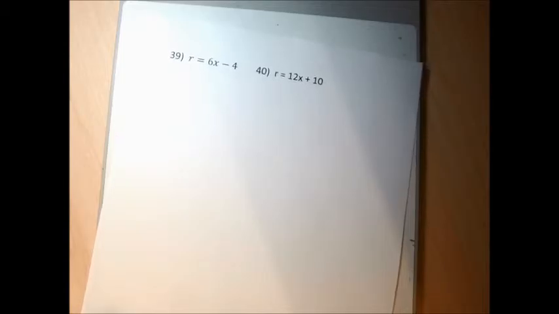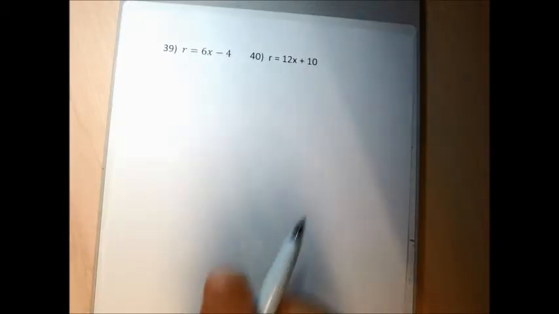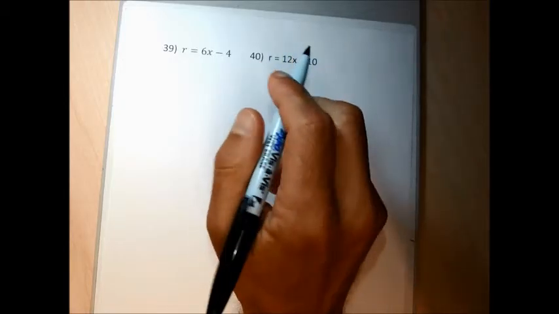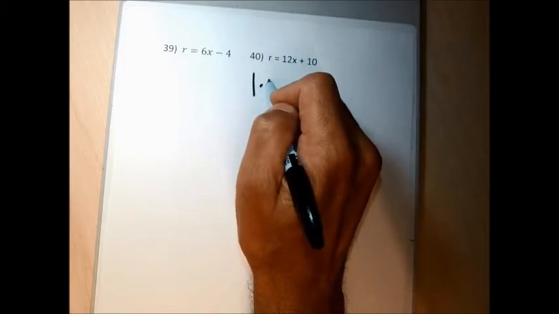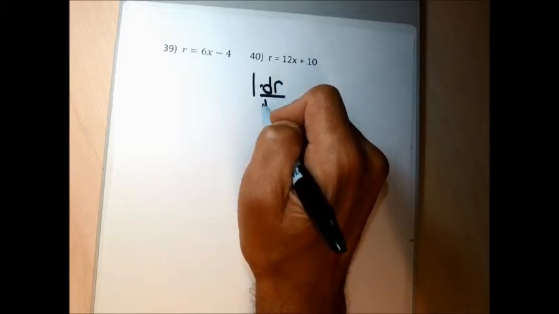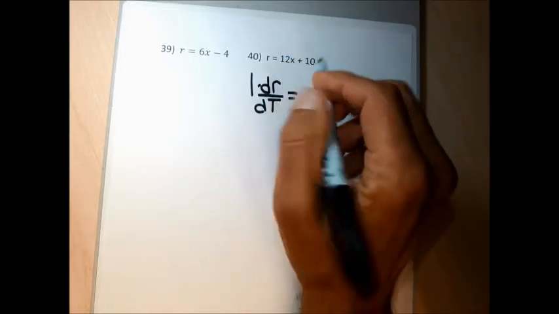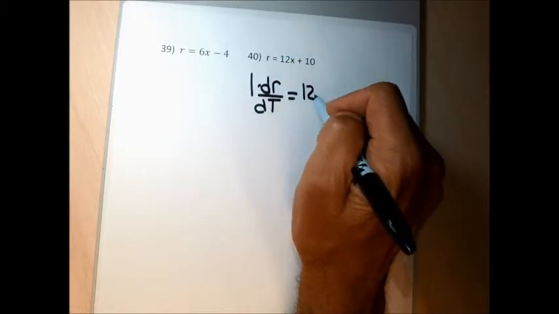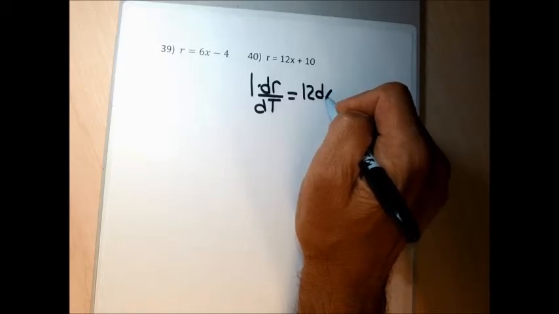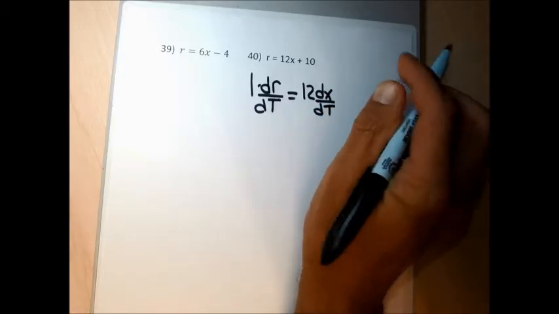Just a few more problems to do, specifically 2 more problems to do. So let me do it, dr/dt. So the derivative of r would be 1, but I took the derivative, the term had an r, so I'd need a dr. I'm taking the derivative with respect to t, so I get a dt. The derivative of 12x would generally be 12, but the term had a letter x, and I'm taking the derivative with respect to t, so I need a dx/dt.